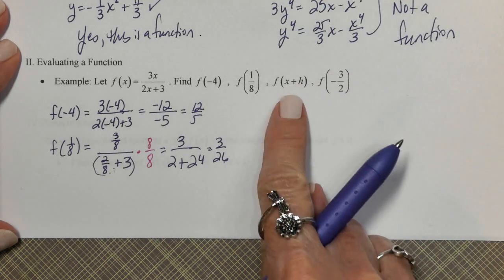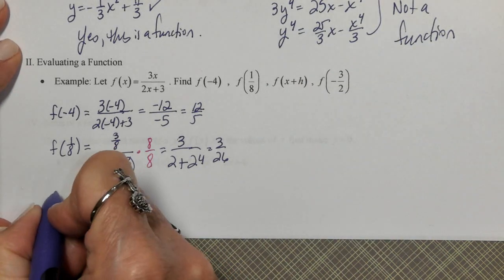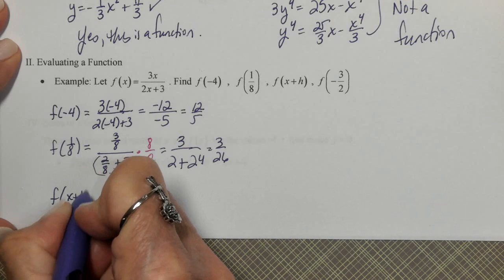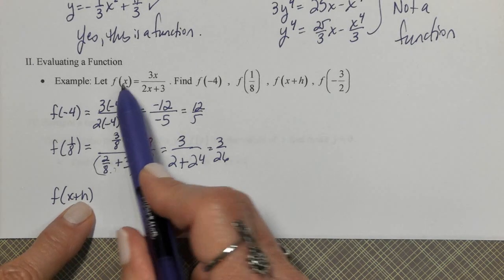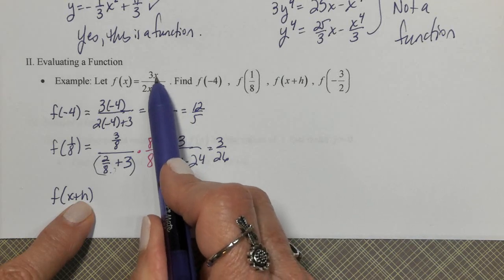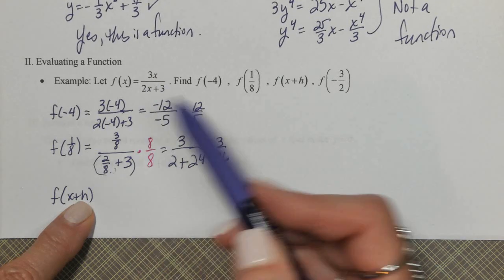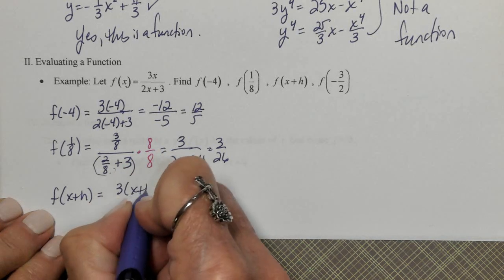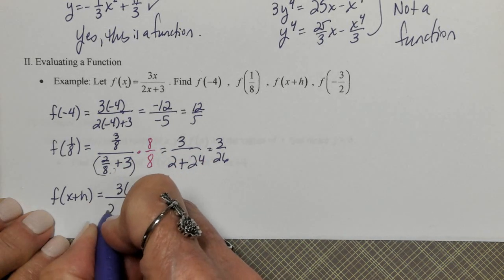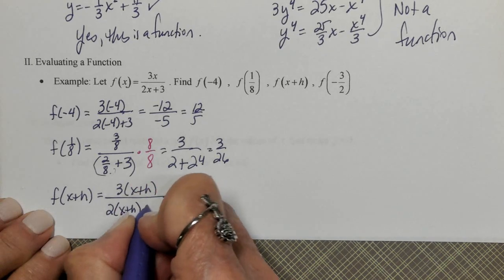Okay, f of x plus h. So we are replacing x with x plus h. So I go over here and I'm replacing both of these x's with x plus h. So that will be 3 times x plus h divided by 2 times x plus h plus 3.